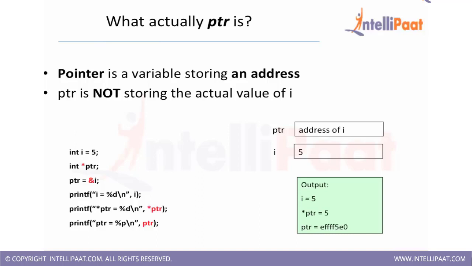So this is the output. This address could be different on different machines. It is just a representation of an address, and every time I run the program I can get a different value. It all depends on the system on which we are running.